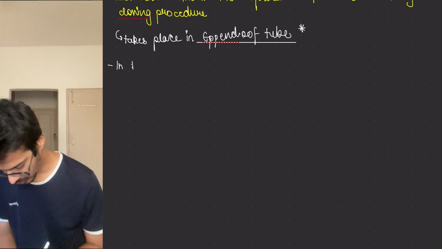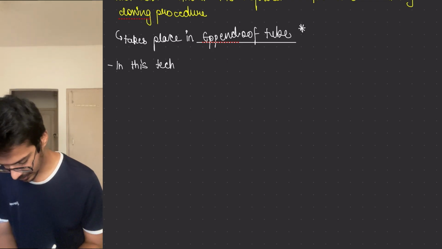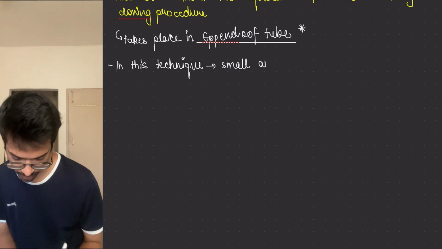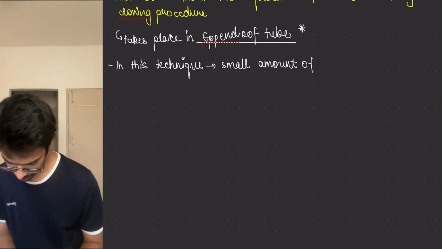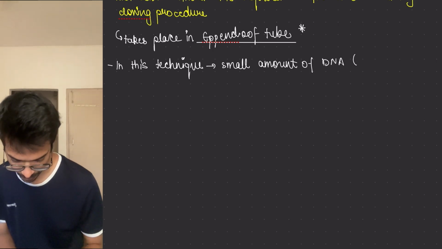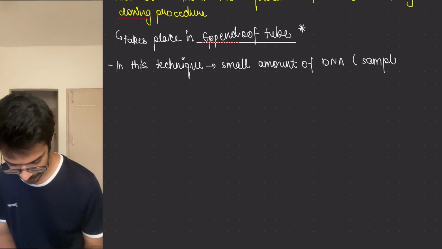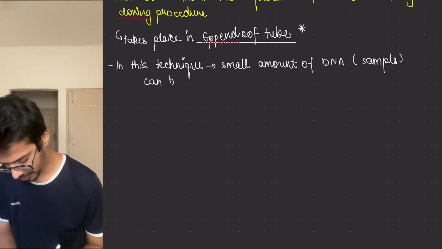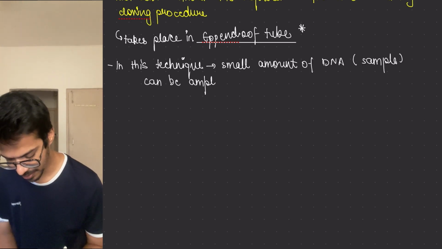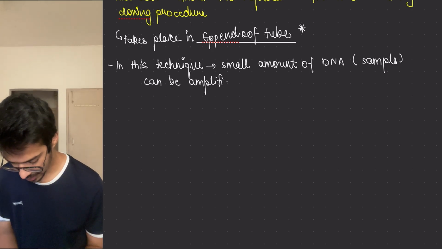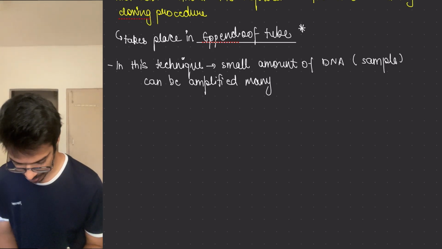Now in this technique, a small amount of DNA is put into the procedure and 3 steps take place. We're going to be learning about it. So in this technique, a small amount of DNA sample can be amplified, meaning multiplied, many times.